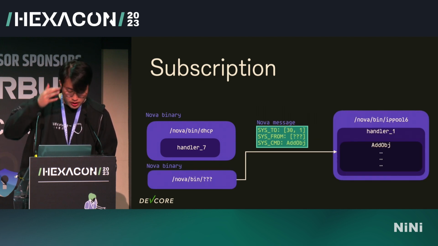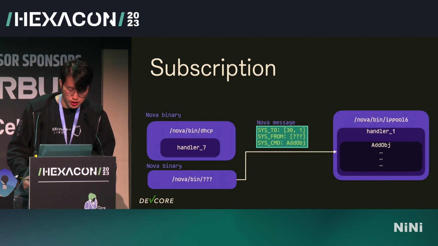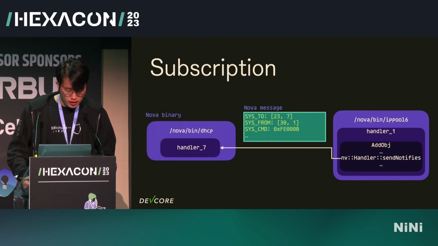So if there is another binary that tries to add an object to handler 1 of the IP pool 6 by sending a Nova message, the add object of handler 1 will be executed. In most cases, the add object will call send notify to notify subscribers who subscribe to hex FE000B to inform them the IP pool 6 has changed.